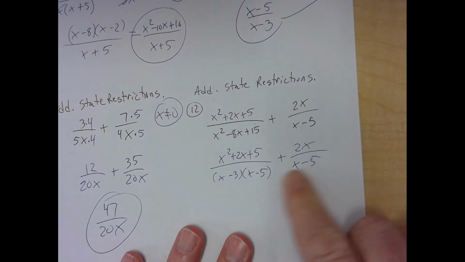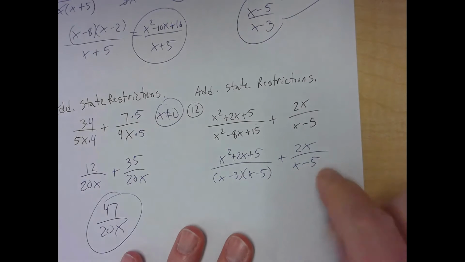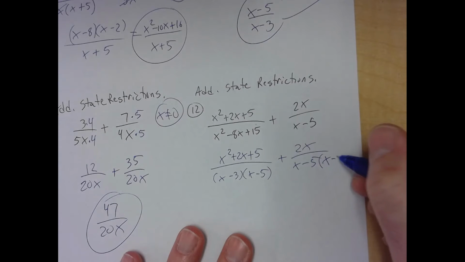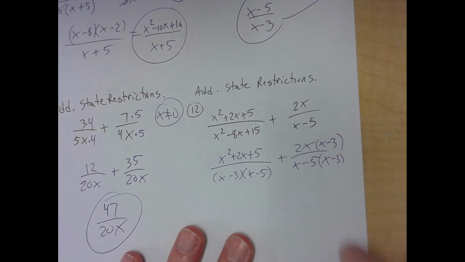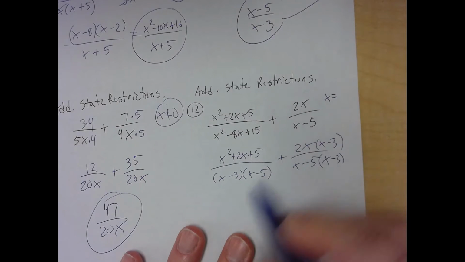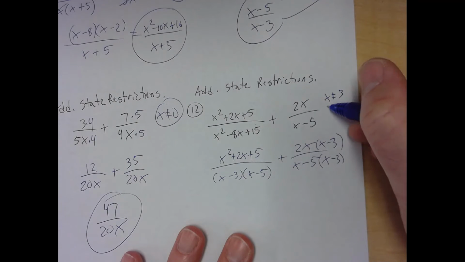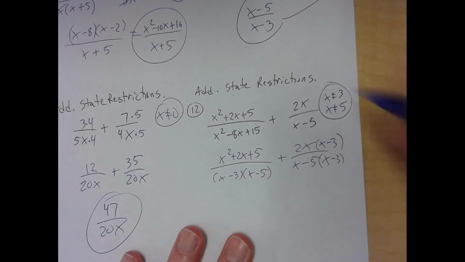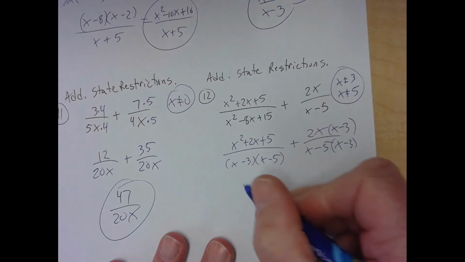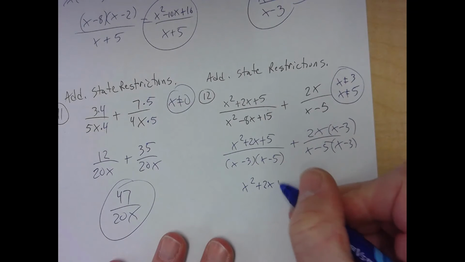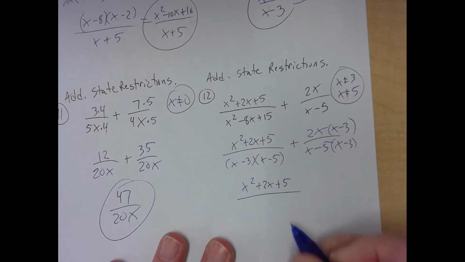So now I can see that those are the same, so this one needs an x minus 3. Since this has x minus 3 there, now they are exactly the same. The x cannot be 3 and 5, right? Because that would make each one of those 0. So x cannot be 3, x cannot be 5. Now we have x squared plus 2x plus 5 over the common denominator, which is x squared.